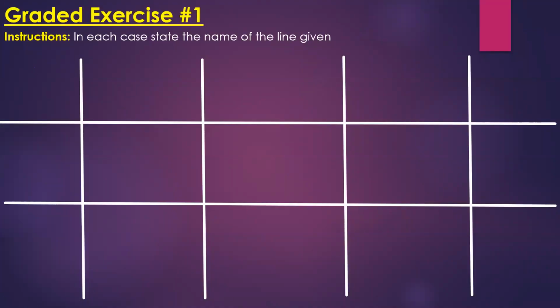So you have to tell me in each case what type of line that we have, right? So you have to put your answer on this line. So this is number 1. Tell me what type of line do we have? All right. So this is A and this is B. So on the line, you're gonna tell me the type of line it is that you think it is.